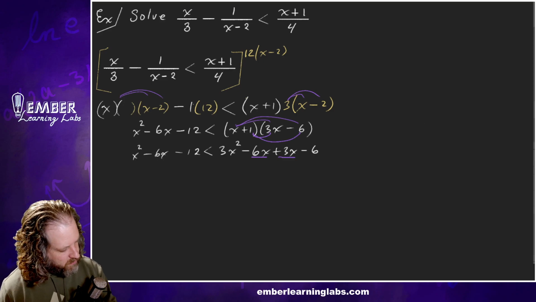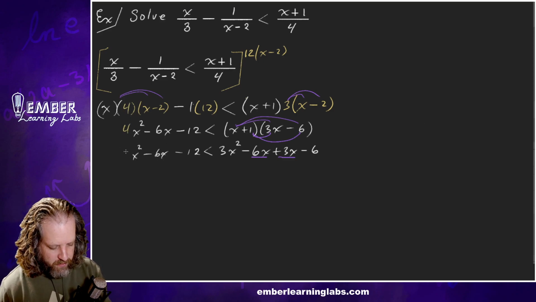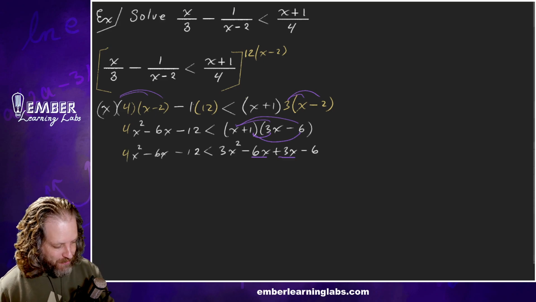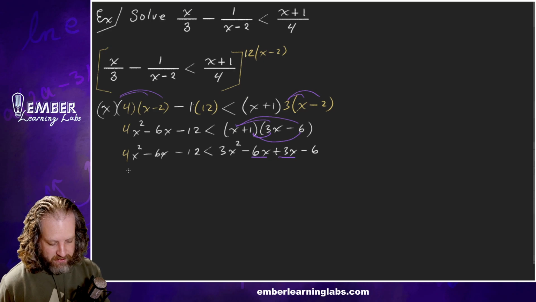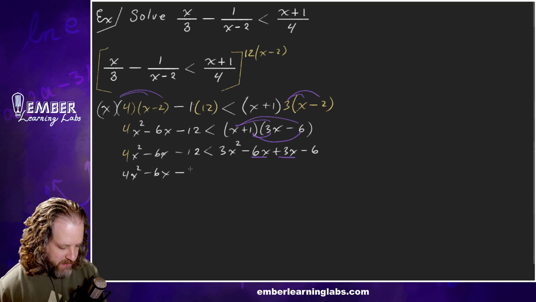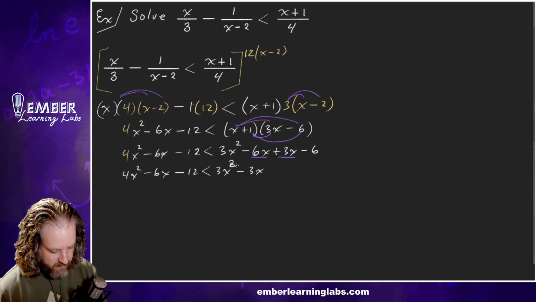So 4, which will make this a 4 and that a 4. Great. So it's not going to poof away this time, or ever. So 4x squared minus 6x minus 12, less than 3x squared. Negative 6x plus 3x is negative 3x.